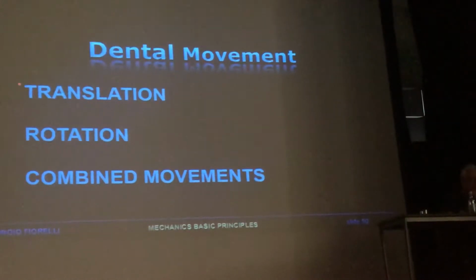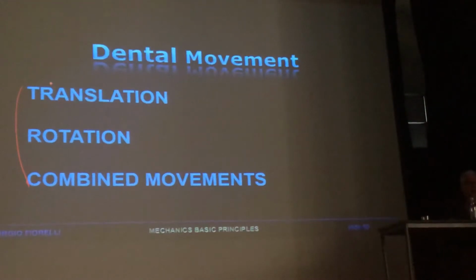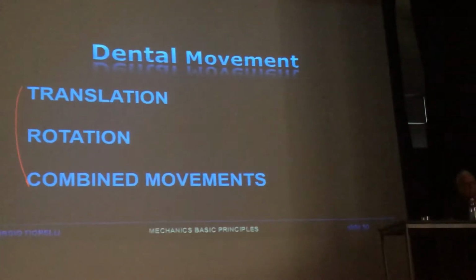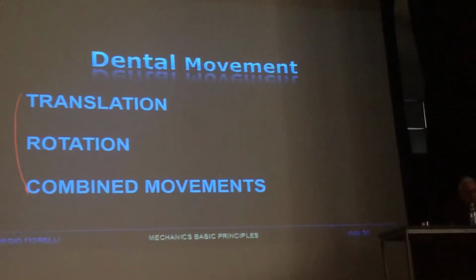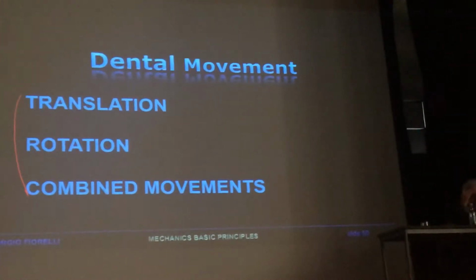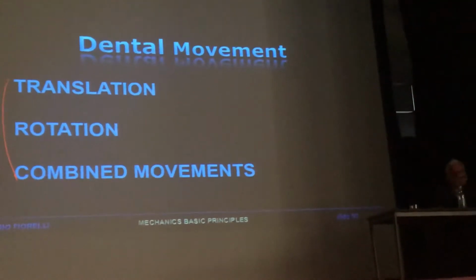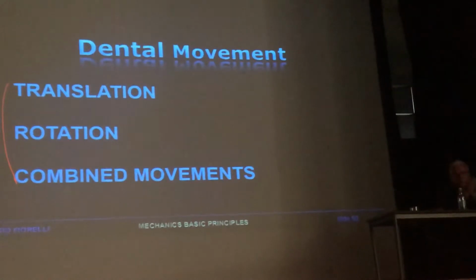So, let's start to describe a little bit the movement. It's very often that I see in books definitions of the movements that are very limited to a few examples, but the reality is that the movements that we meet are an infinite number. So we cannot make a few examples, a few categories, and apply the force system to this category.